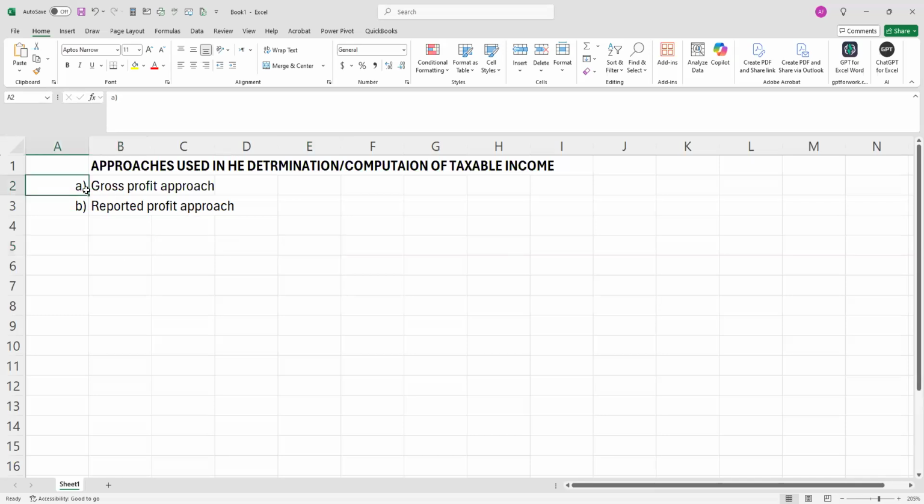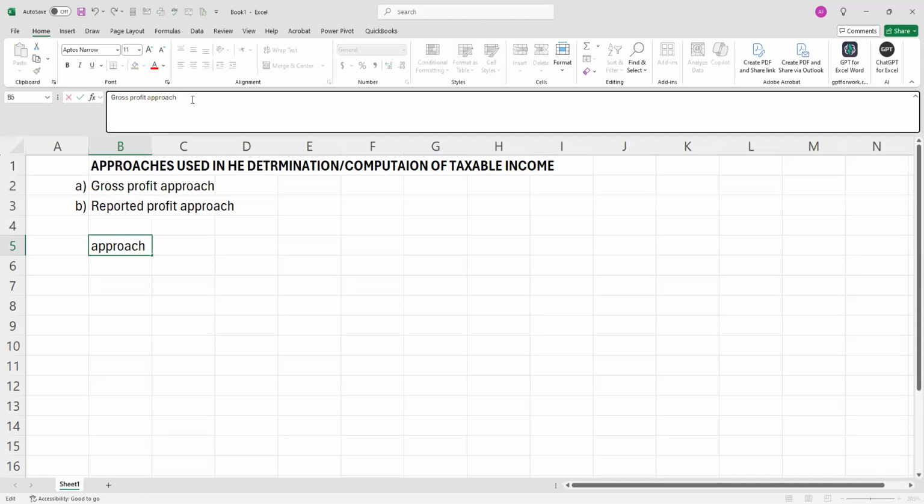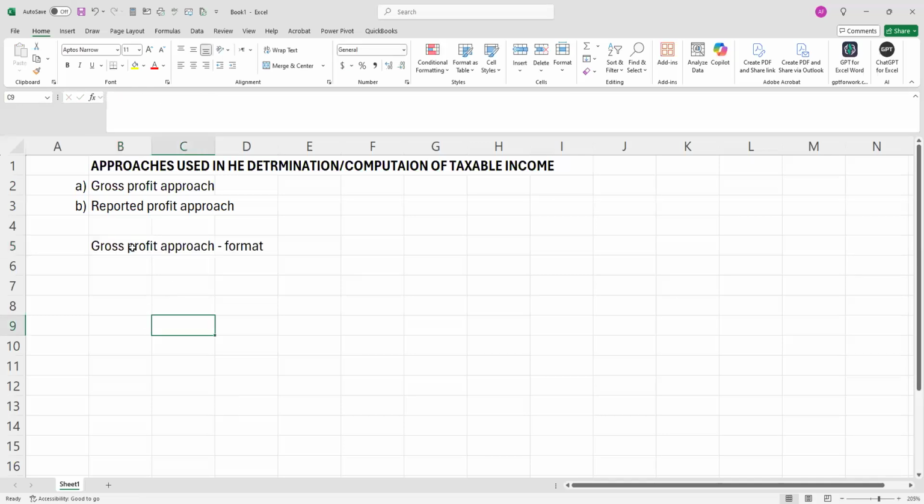So this is the first approach, a gross profit approach. Gross profit approach format. It will be important for us to understand the whole of this approach and when we are supposed to use it.